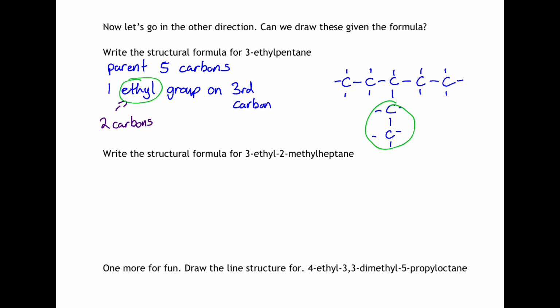So, we're going to do the next one. 3-ethyl 2-methyl heptane. It's a heck of a mouthful, but we just start at the base. What is the parent? Yes, the parent is 7 carbon.